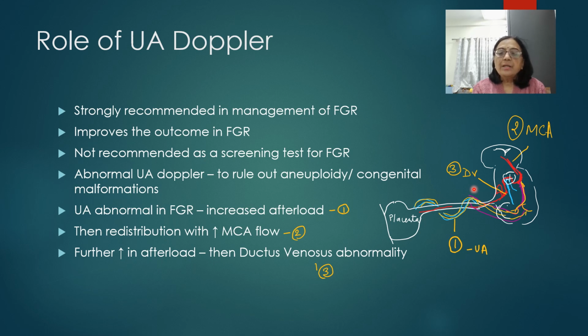In the severe variety, there will be changes in ductus venosus and umbilical vein flow. Both will be showing abnormal Doppler velocity. So first vessel which gets affected is umbilical artery. Second vessel is middle cerebral artery. In a patient of HGA with worsening hypoxemia, there is cardiac dysfunction, and that leads to changes in the ductus venosus Doppler.